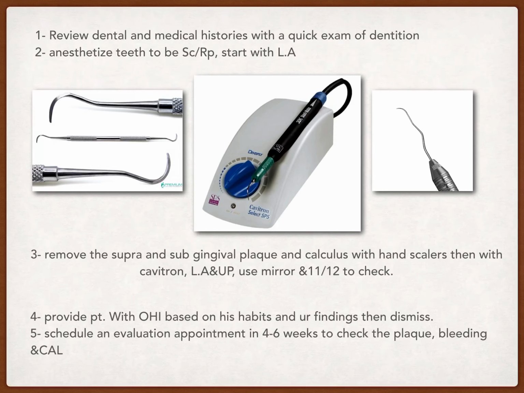Also, the root planing procedure is done by repetitive pulling strokes on the root surface. After that, the plaque and calculus are removed and the root surface is planed from any unwanted tissues.